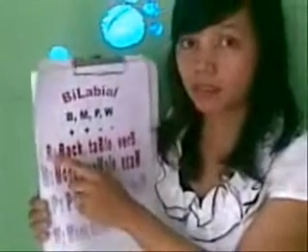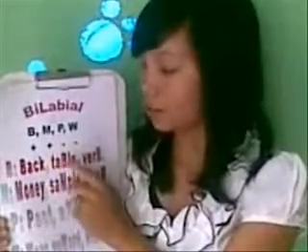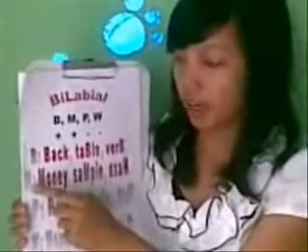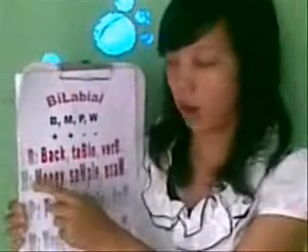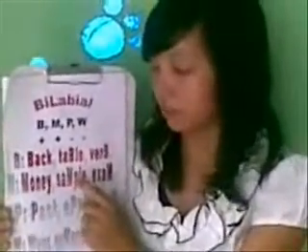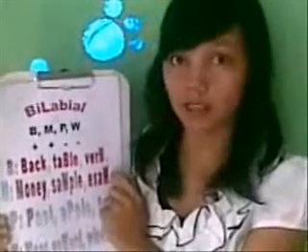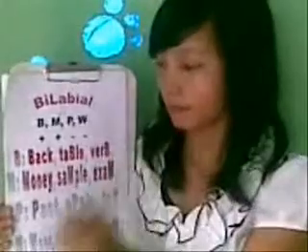For the b sound, for example, like bag, and in the middle is table, and for the final is verb. For the m sound, for example, money, and in the middle is sample, and for the final is exam.